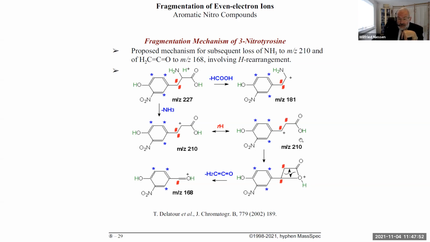If we now write this structure slightly differently by closing the ring, we can actually see the loss of the ketene, CH2CO, so the C2H2O, to get this 168 fragment ion. If the mechanism as we proposed here is correct, we would expect that the 168 fragment has only one deuterium left in the alpha-alpha D2 labeled substances.